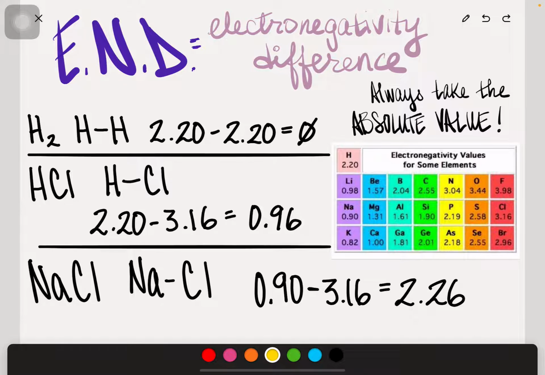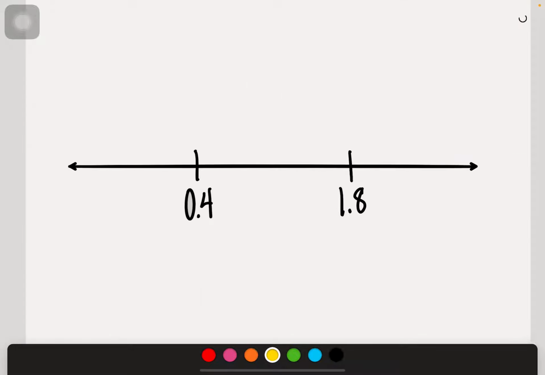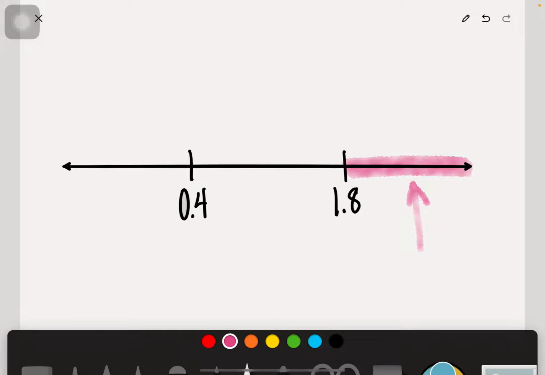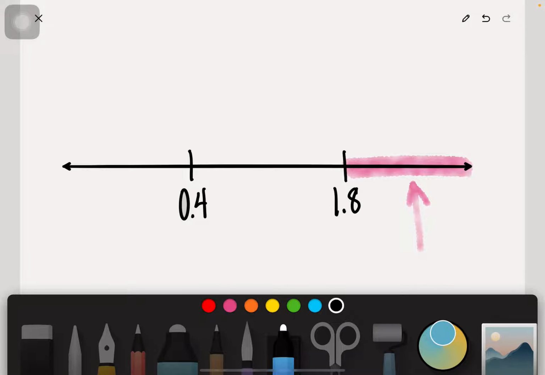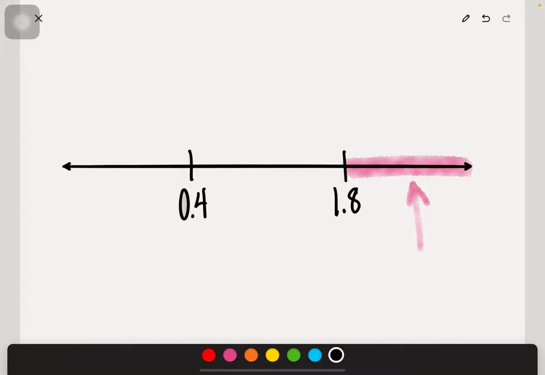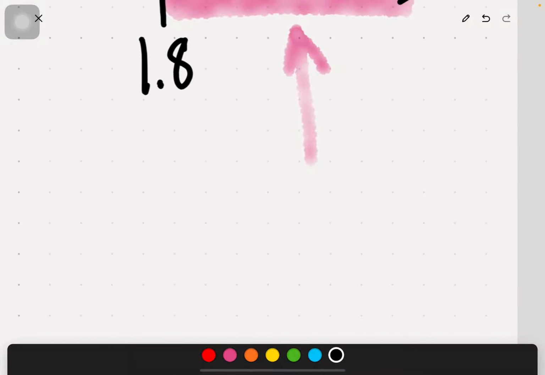Sodium chloride is 2.26, and that is greater than 1.8. Bonds that have an electronegativity difference above 1.8 are ionic compounds. Ionic.